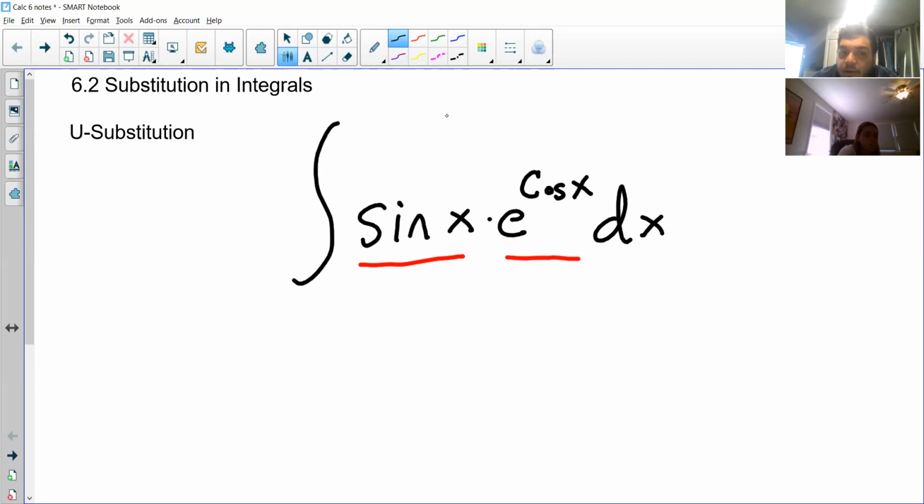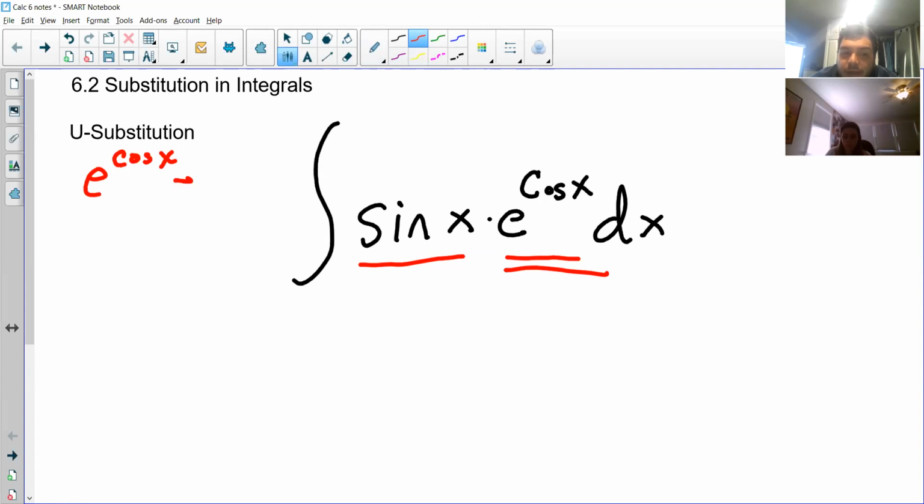So we have to figure out a way that we could rewrite this into something more reasonable. And this is where U substitution comes in. I have to identify something that I can make simpler in order to solve. So for example, what I'm looking at right now is e to the cosine x. I don't know what the antiderivative of e to the cosine x is. I don't know how to get there.